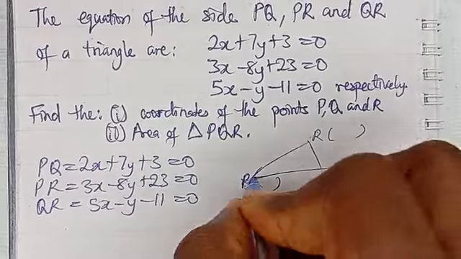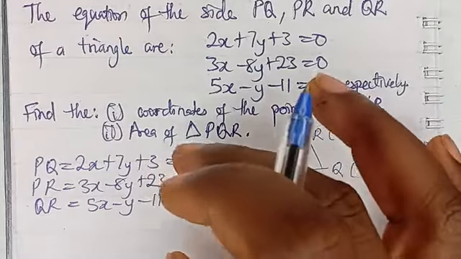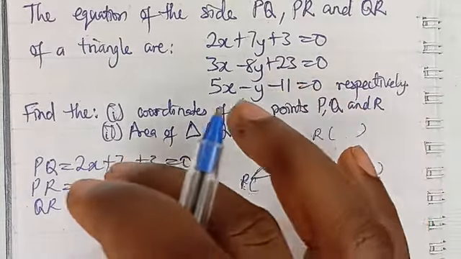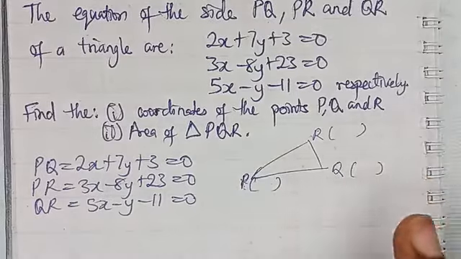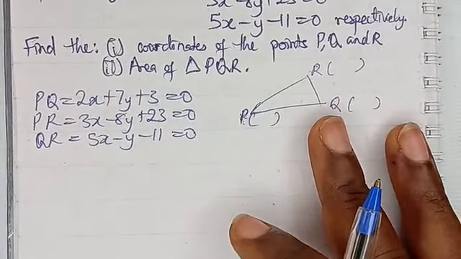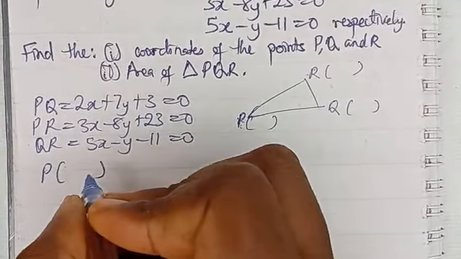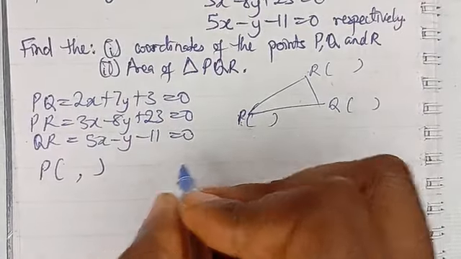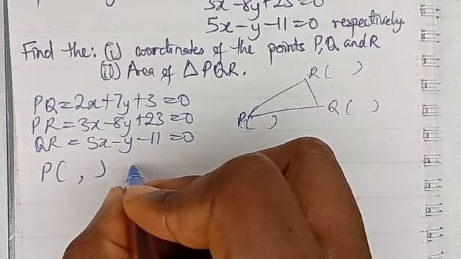So point P is where the lines PR and PQ meet. So when we solve these two equations simultaneously, the coordinate point we get represents the coordinates of P.